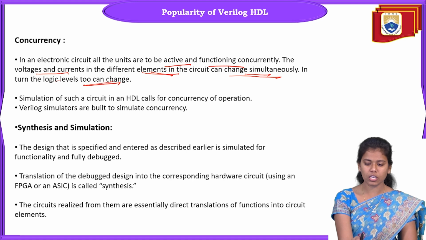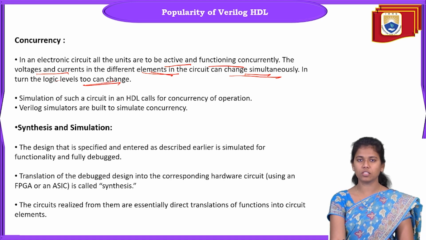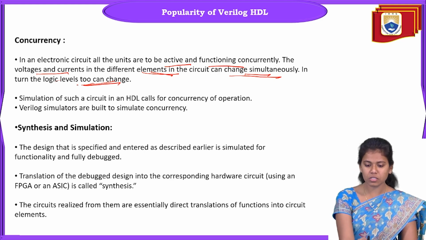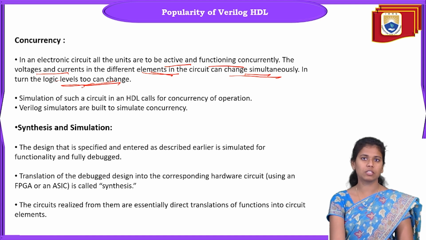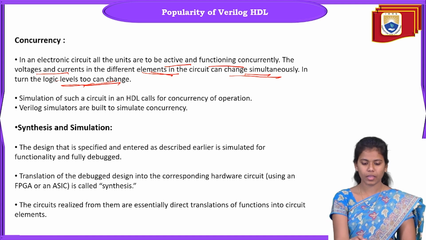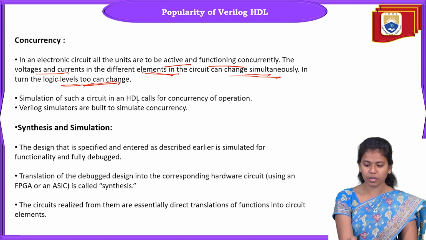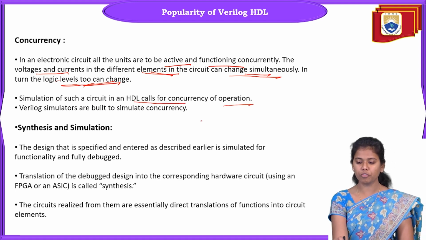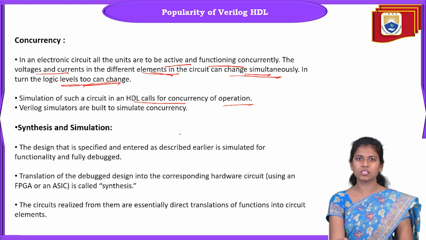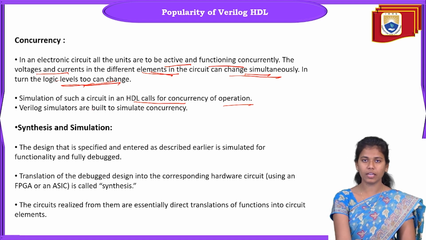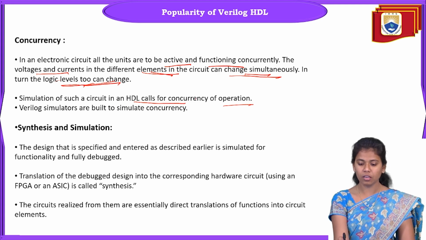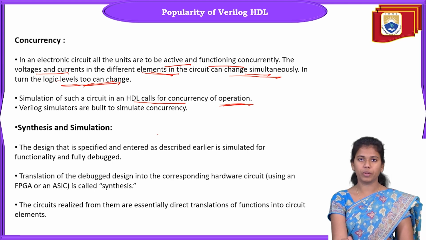In turn, the logic levels of that particular electronic device too can change. Simulation of such a circuit in HDL calls for concurrency of operation, so the simulations can be run parallelly.